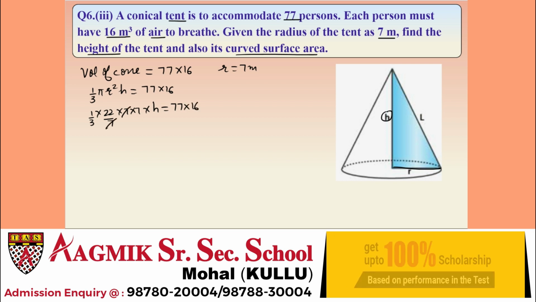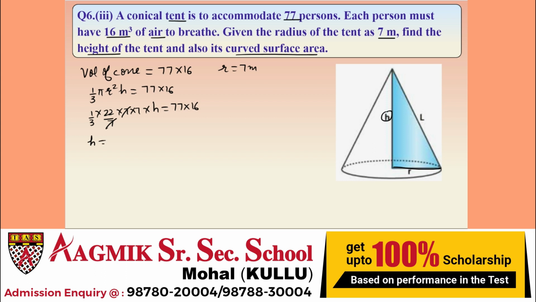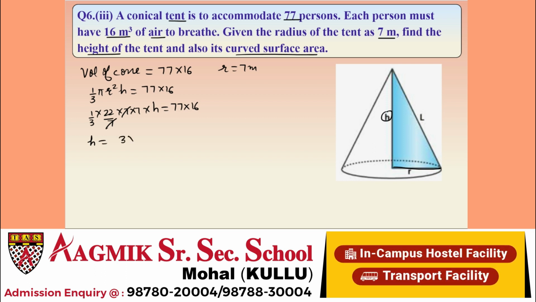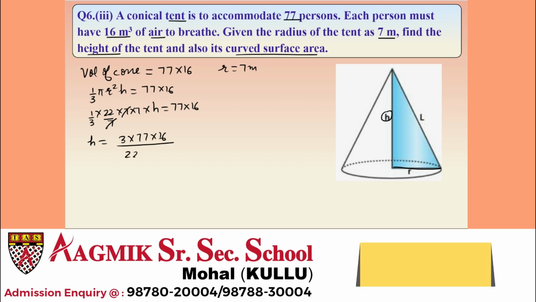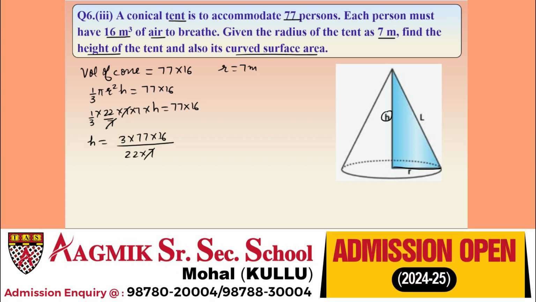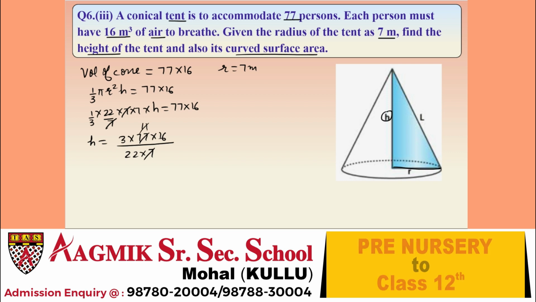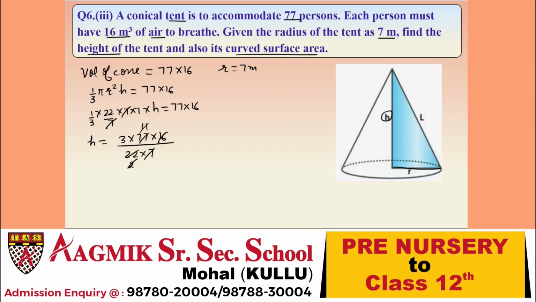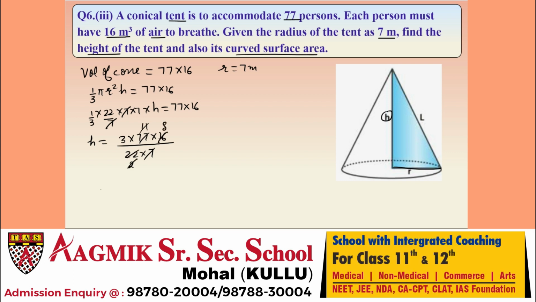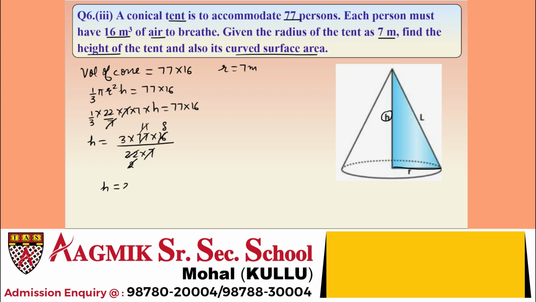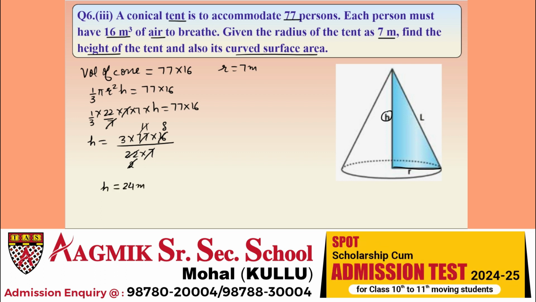So this 7 is cancelled. Then h is equal to, cross multiplying, 3 times 77 into 16 divided by 22 times 7. So this is 11, then 11 twos are 22, then 2 eights are 16, so 3 eights are 24. So the height is 24 meters.